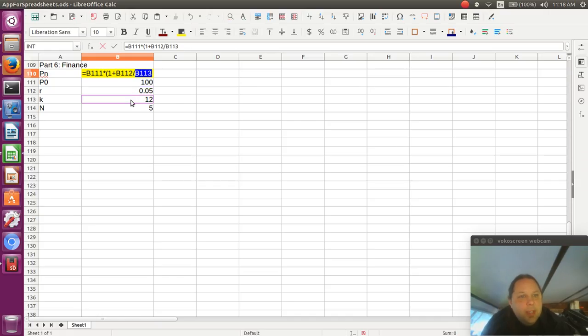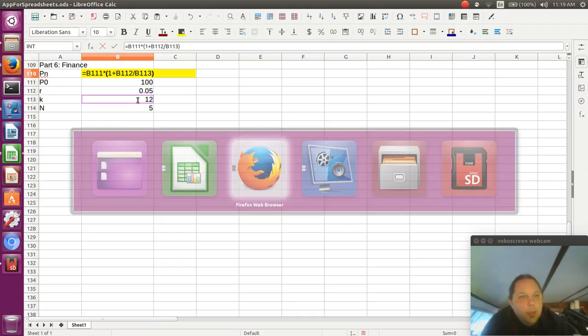Close parenthesis. I'll start again. Equals P0 times, open parenthesis, 1 plus R over K, close parenthesis. So you check it, and you can see so far that's this part.